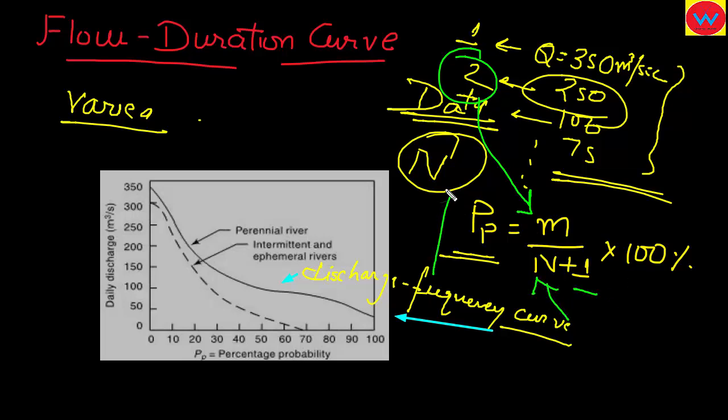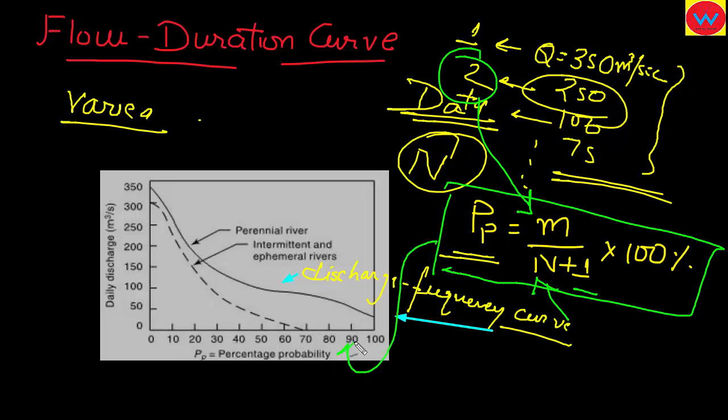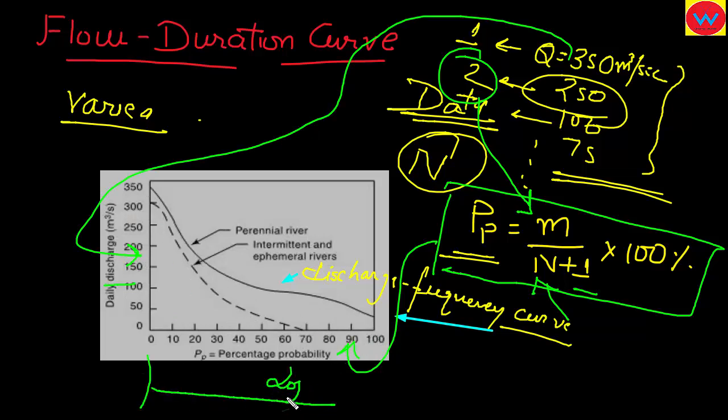So by this we will get the percentage probability, and we will plot it here, and our discharge we will plot on the y-axis, and then we will generate a curve. If data sets are more, then we will use a log scale if it is required.